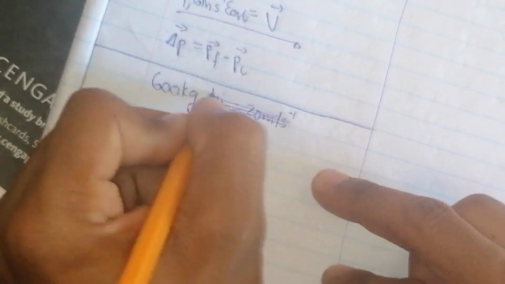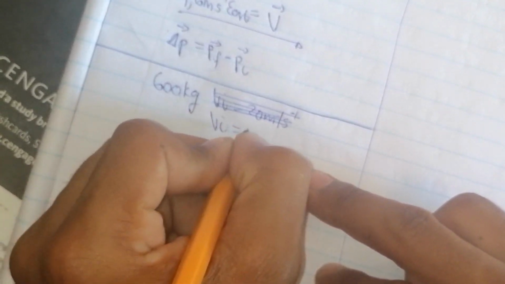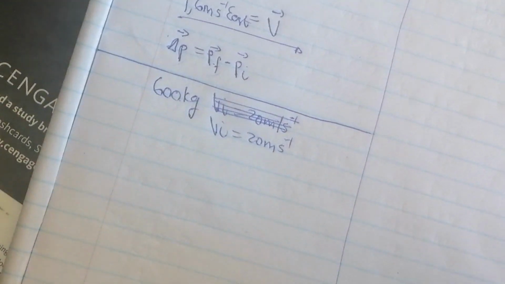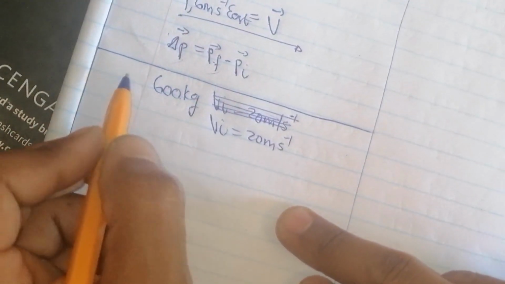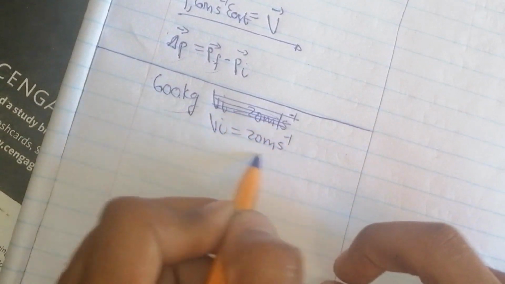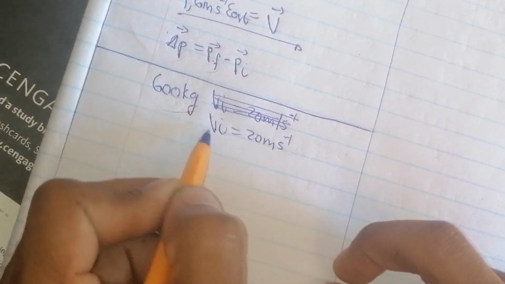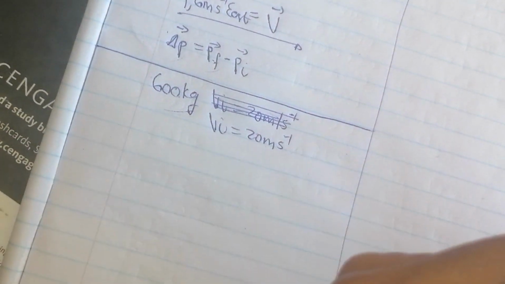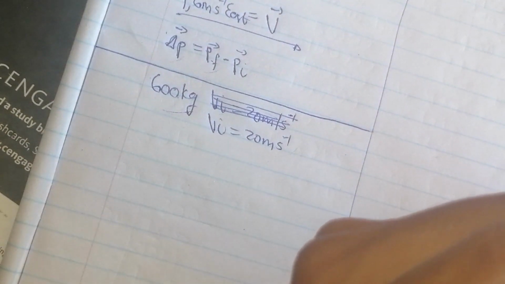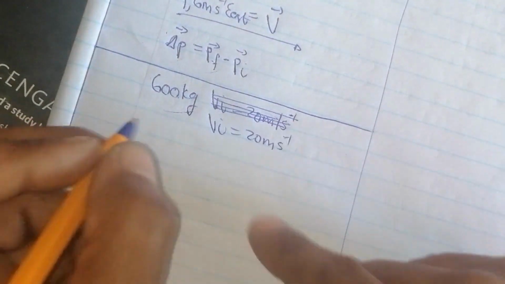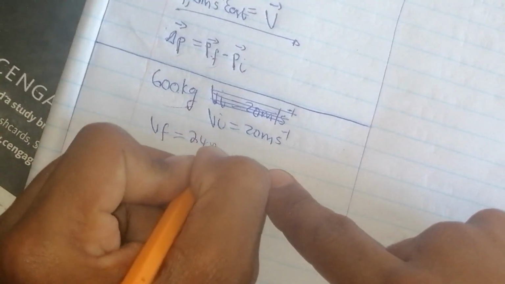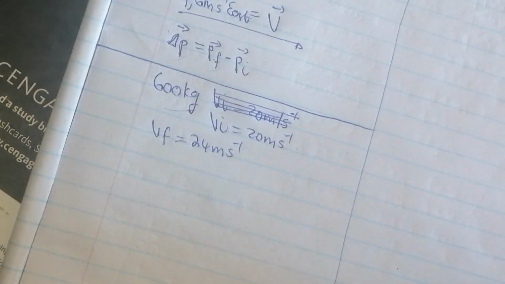Let me write vi equals 20 meters per second. This is the first information we have, and it depicts initial momentum because we have initial velocity. Secondly, the driver suddenly increases his velocity to a constant velocity of 24, so vf is 24 meters per second, and he continues to drive in the original direction.